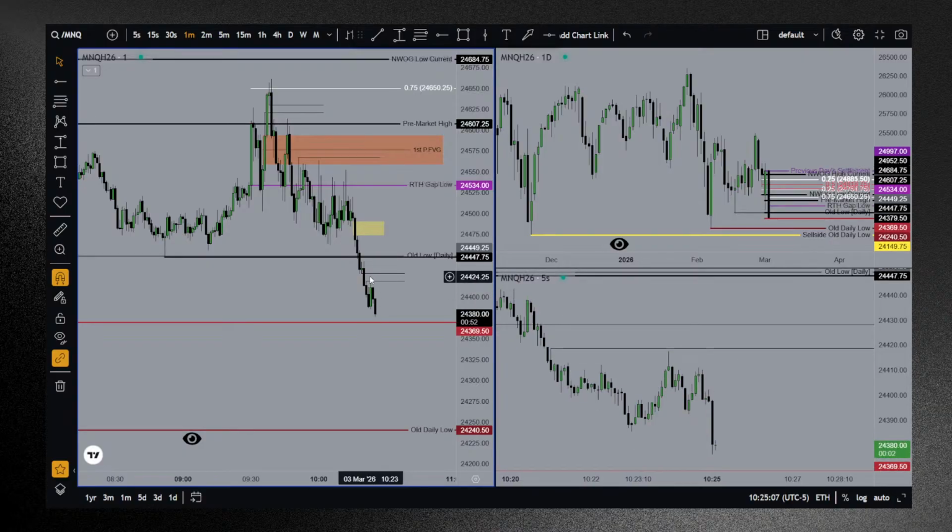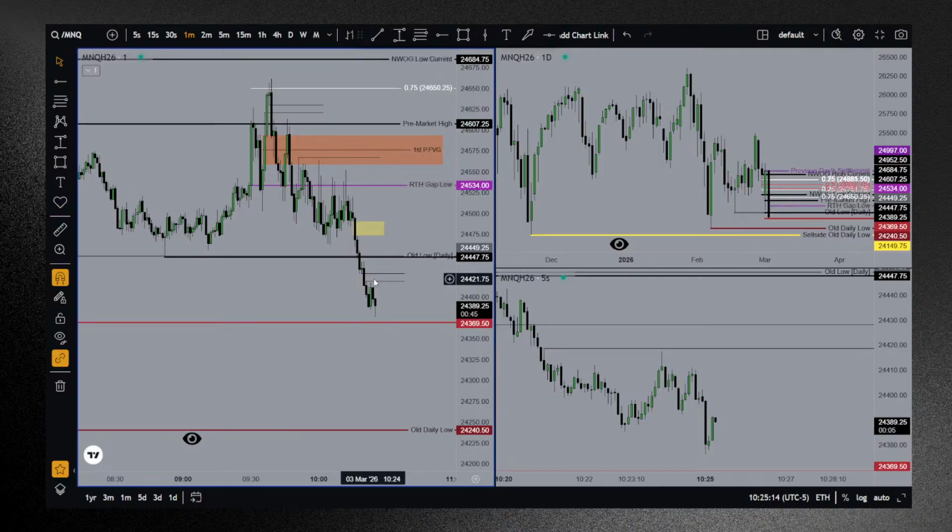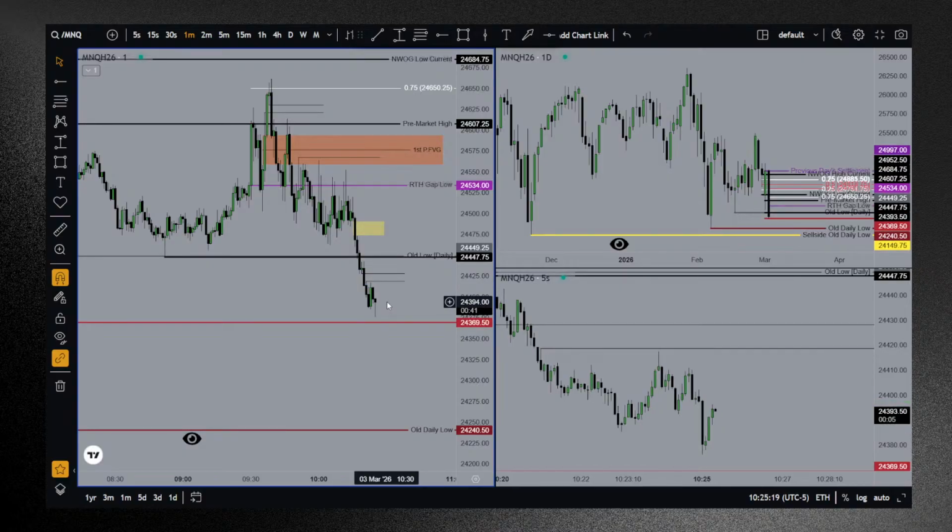Alright, so it looks like it wasn't even able to trade up into it, which implies potential heaviness.